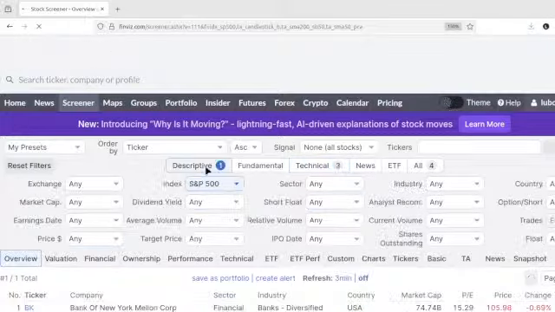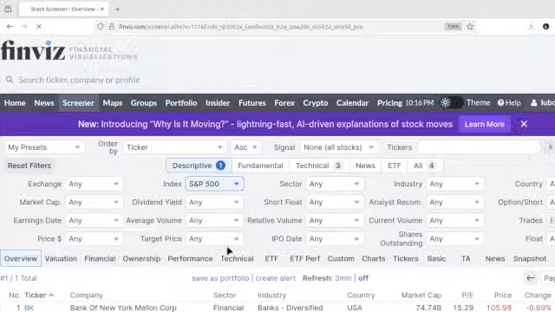Remember, it has to touch. Let's see if we can find something on the Russell 2000. The candlestick pattern has to touch the moving averages. It's very, very important for you to remember this.